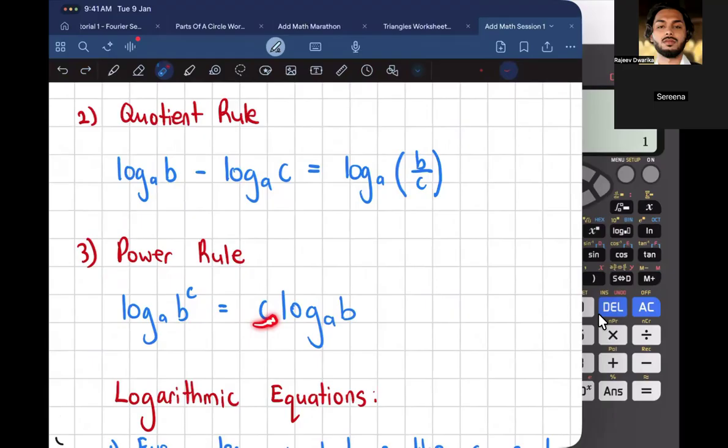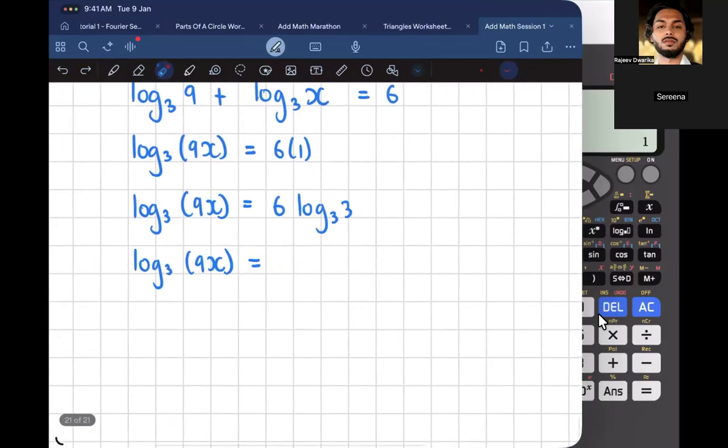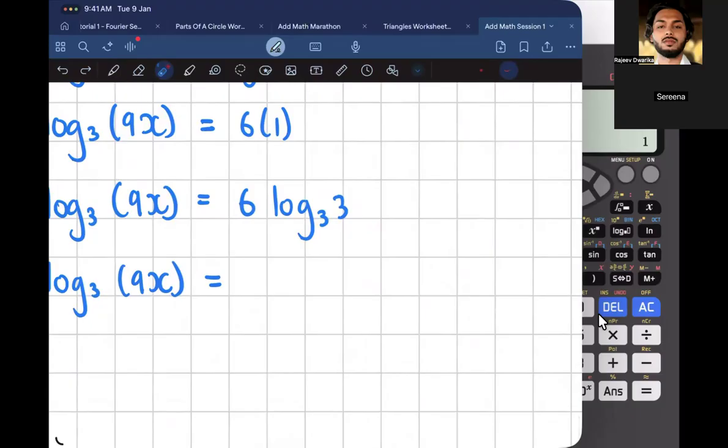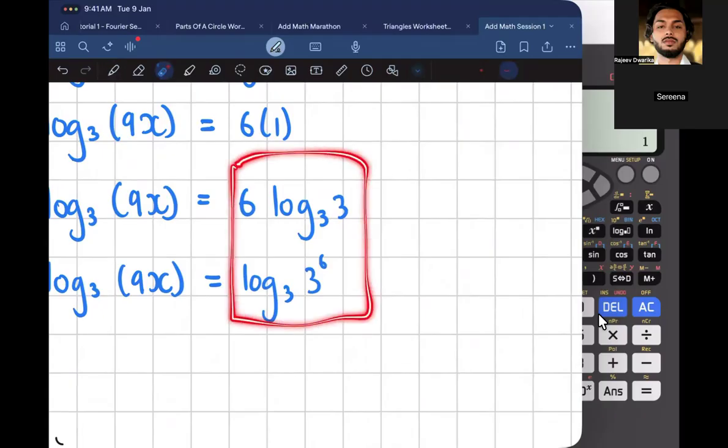Exactly, I can move it to the front. So if I have 6 log base 3, what could I also do with it? You could write it as log base 3 to the power 6. Exactly. Serena, did I change anything? Or is it still correct?